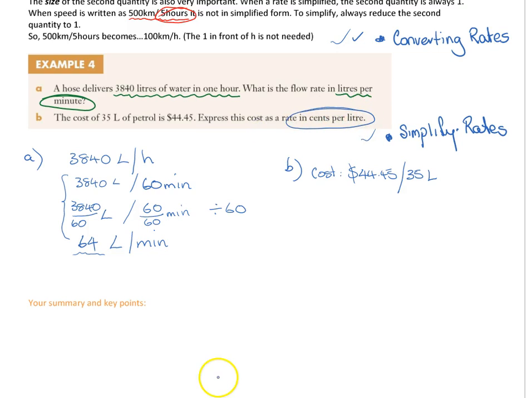That's really important. It's specified the order of the rate. So cents per litre means we're talking initially dollars per litre. So you don't always write your rate in the order in which the numbers are given. You are looking for this sort of instruction to write the rate.